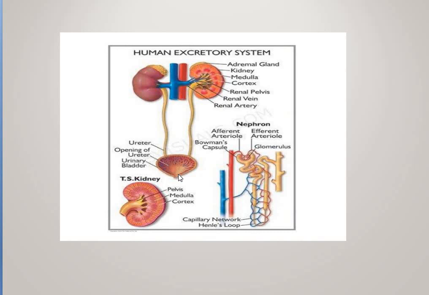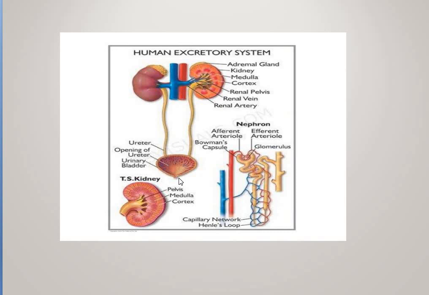The muscles remain closed. They only open at the time of micturition, that is the urination process. The bladder leads to the urethra, which opens outside through the urethral aperture, that is the hole.